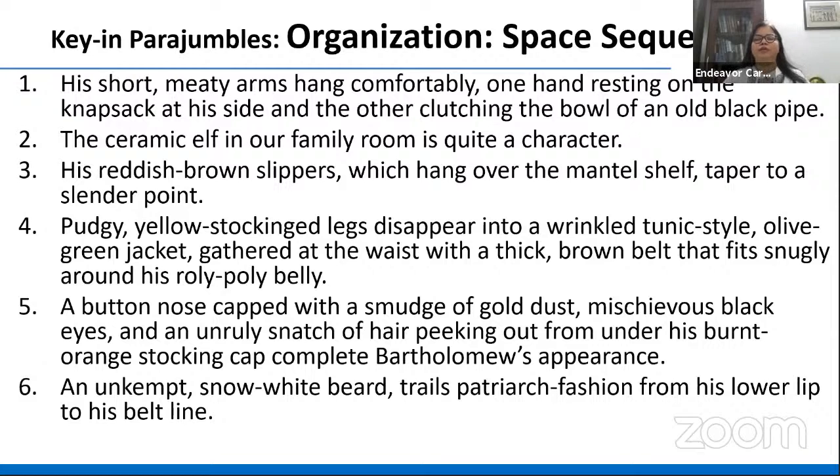So if you're describing an auditorium, you might start with the entrance of the auditorium. You then move inward towards the stage maybe, and then from the stage you move to the spectator place, and describe the place where the audience is seated.